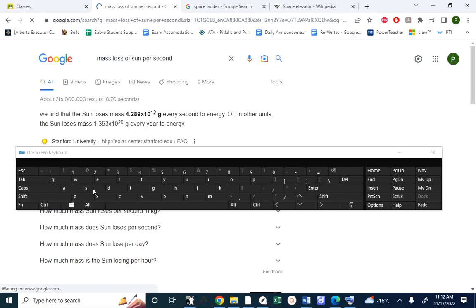The mass loss of the sun per second is 4.3 times 10 to the 9 kilograms. It's saying it's 4.3 times 10 to the 12 grams, but I'm converting it to kilograms.